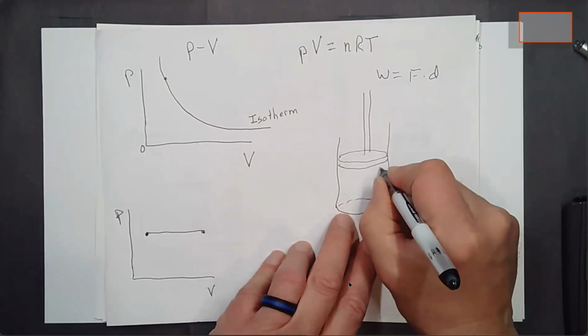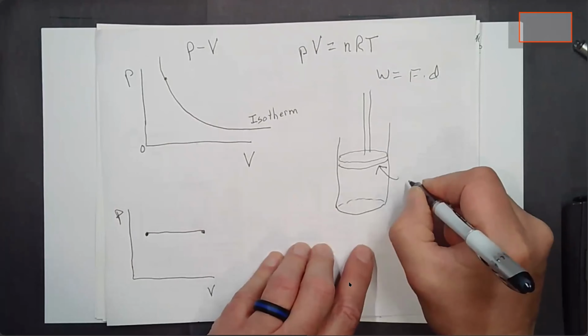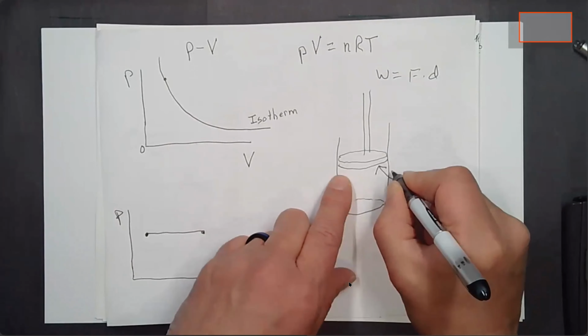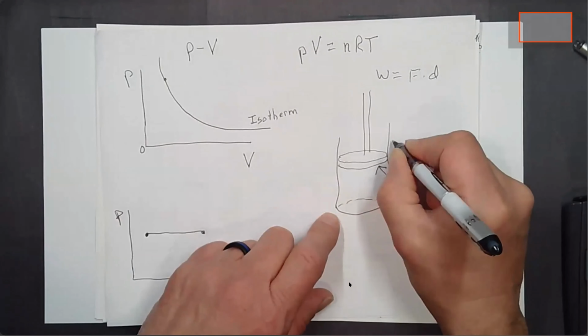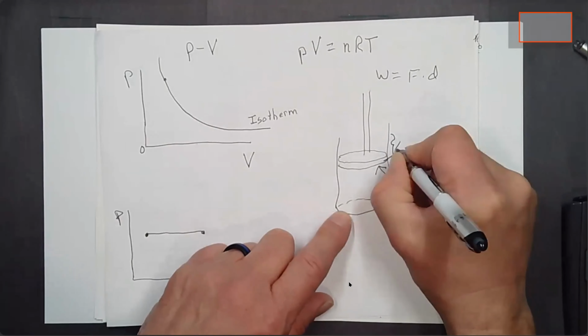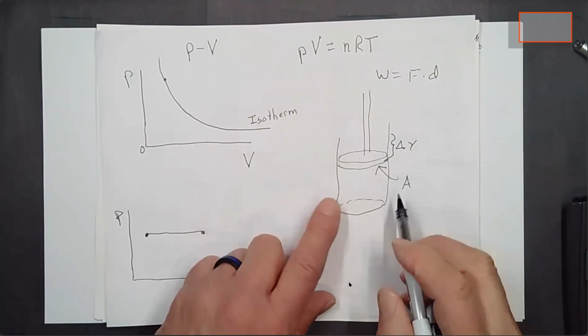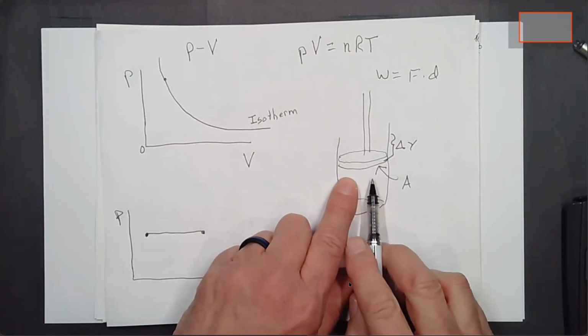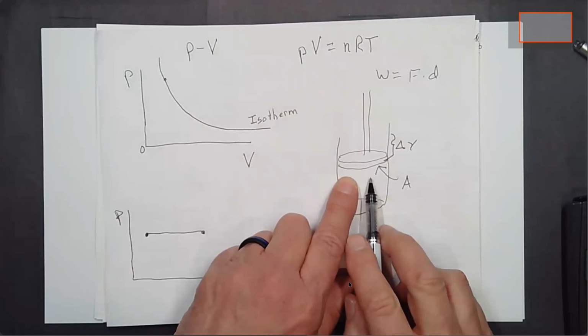Well, here we might have the piston having an area of A, and we're pushing up by some distance delta Y. The pressure times that area, remember, pressure is force per unit area.